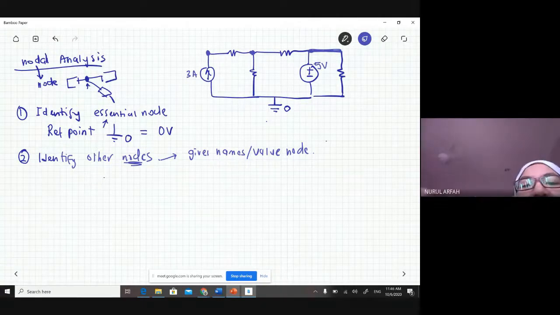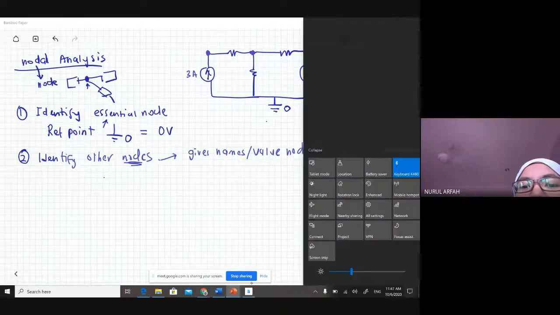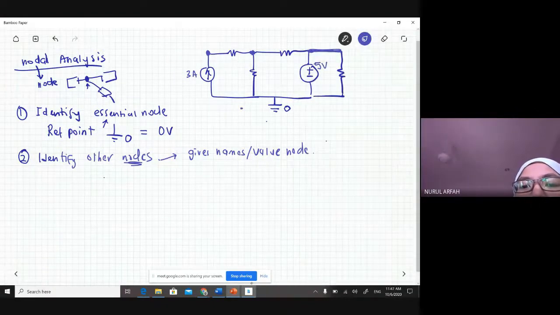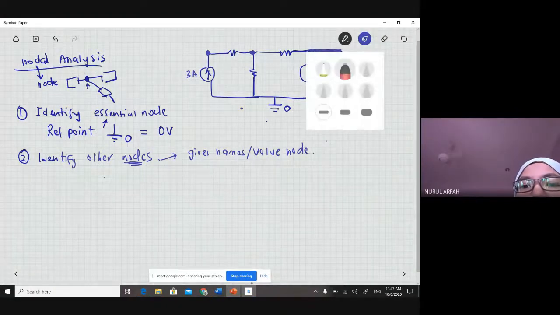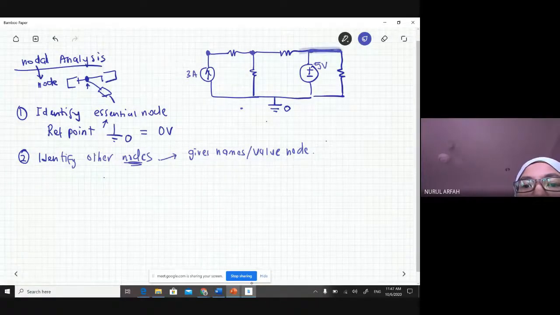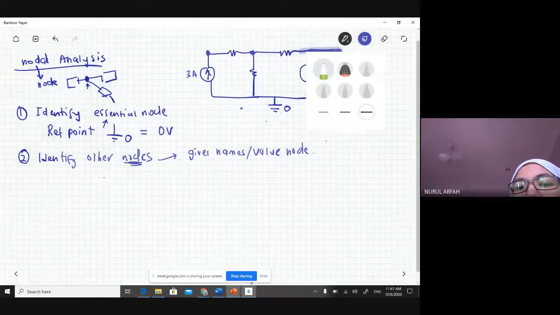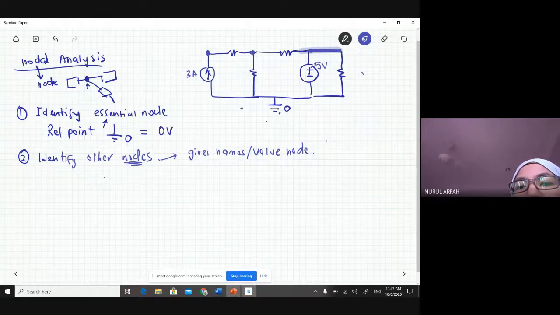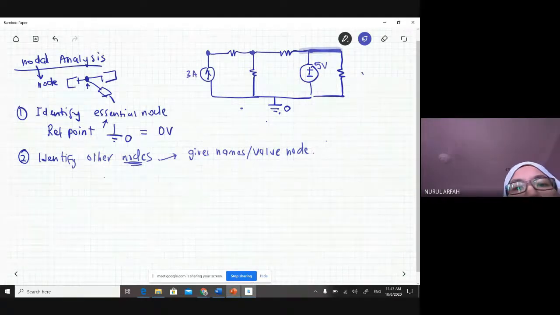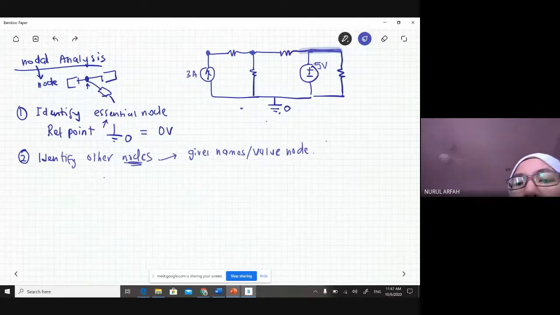So for this part, the most right corner here, what do you think is the value or the name for this node? Can you guess?